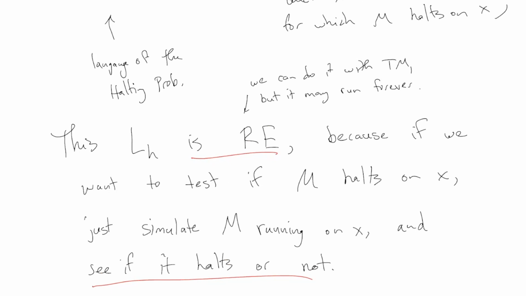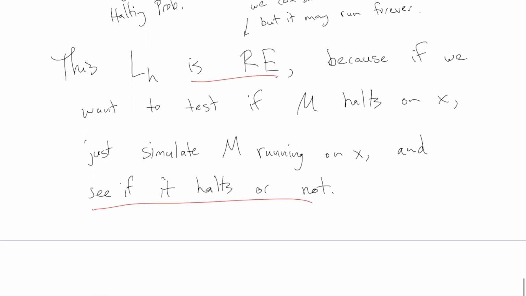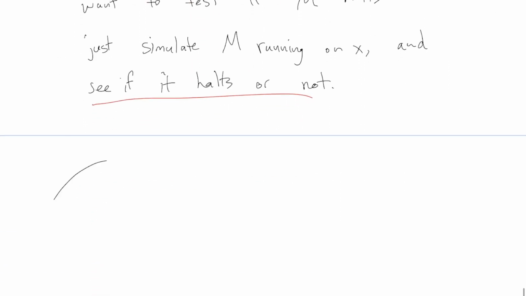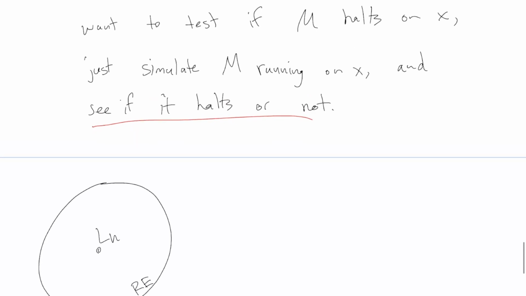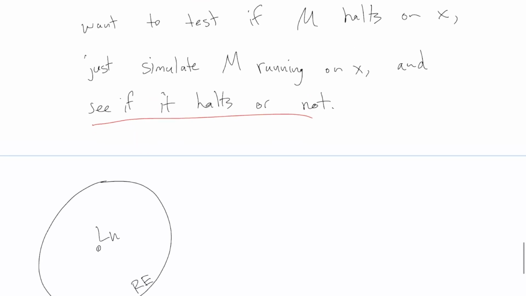So that means on my diagram up there, this language, I don't want to keep on scrolling. It's inside this region. I want to show that it's outside of the recursive, right? So let's show that LH is not recursive.